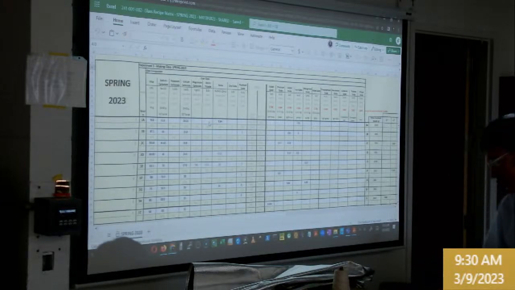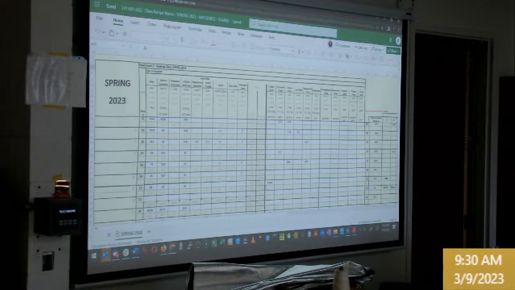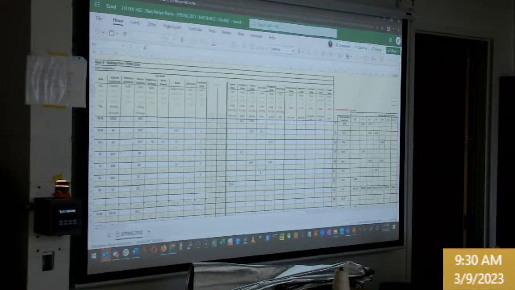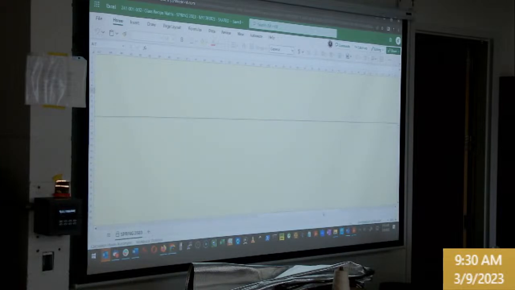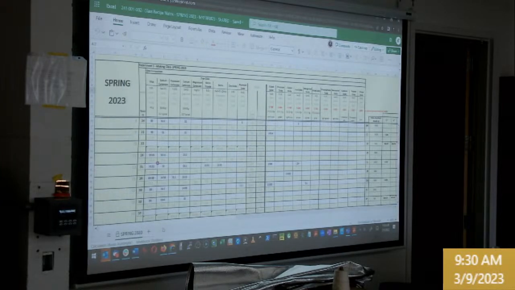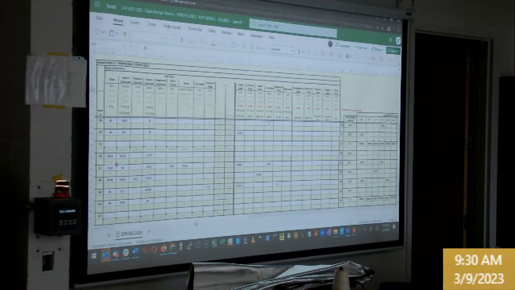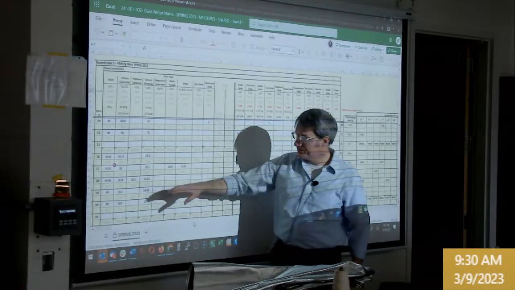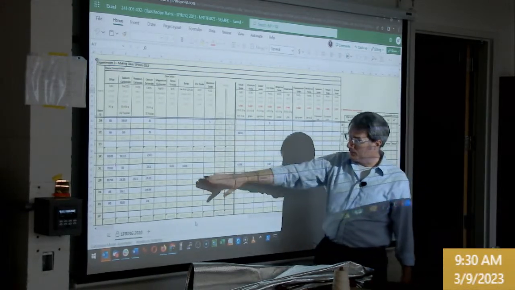K, L, M, N, O. Trying to show everything I want to show at once. So these are our compositions. See the silica, the flux, whether or not there's borax.